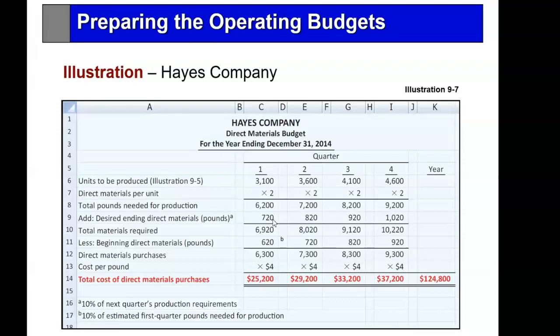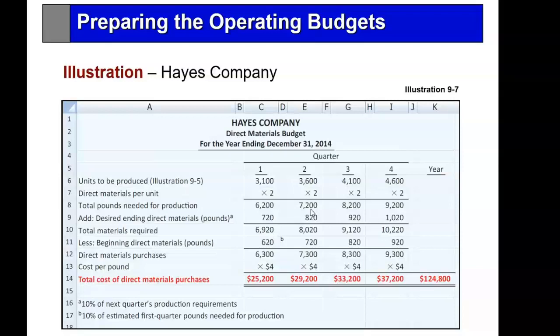But I also have to have 10% of what I need in quarter 2. In quarter 2, I need 7,200. So I need 720, 10% of that.